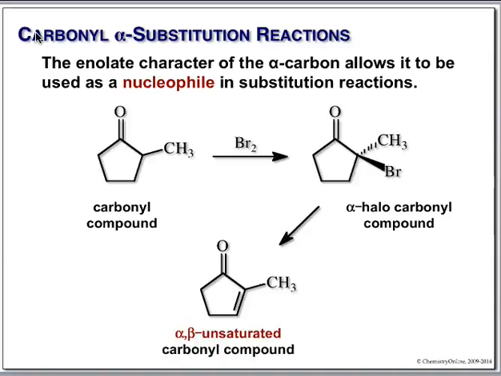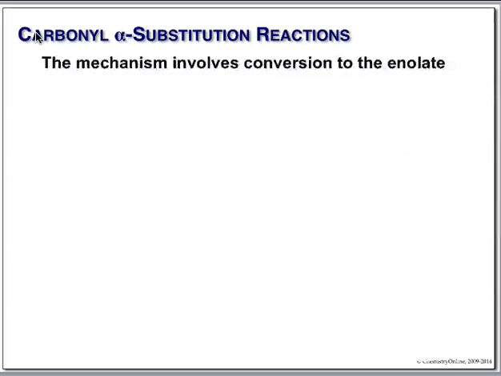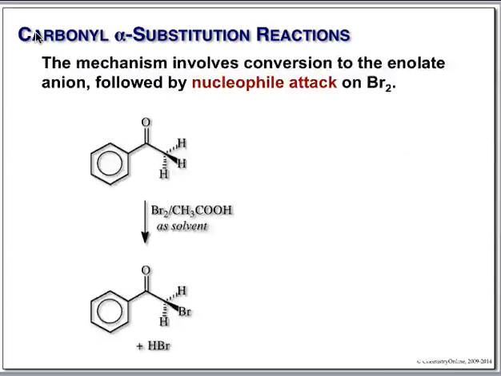Let's think about the alpha substitution with bromine. The reaction here is actually quite simple. What you'll do is use bromine in acetic acid. So this is pure glacial acetic acid, just has some bromine in there. It's an acid-catalyzed enolization.